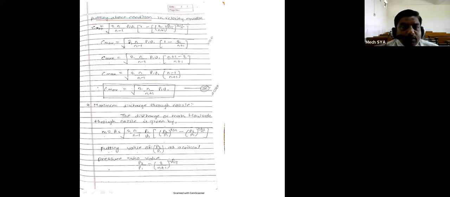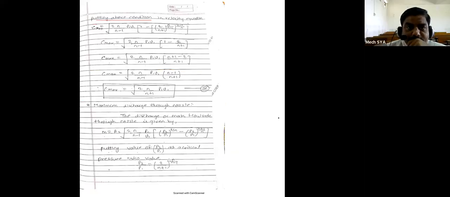This will become C max equal to the square root of 2n upon n minus 1 P1 V1 into bracket 1 minus, where n upon n minus 1 and n minus 1 upon n are multiplied only for P2 upon P1. Here we make it a curly bracket.